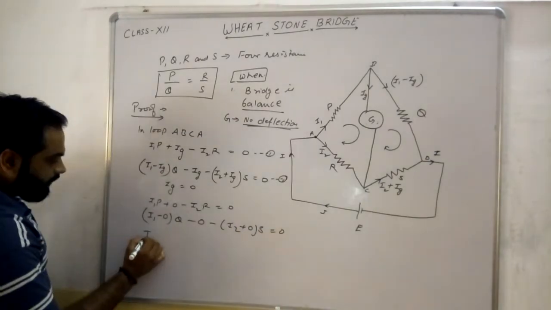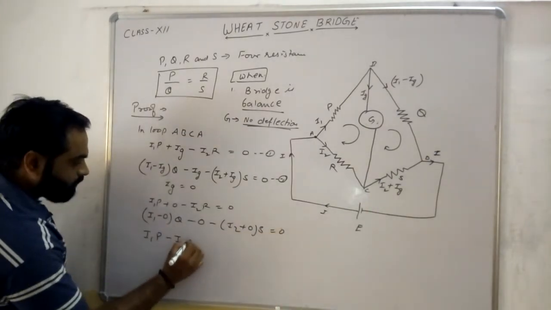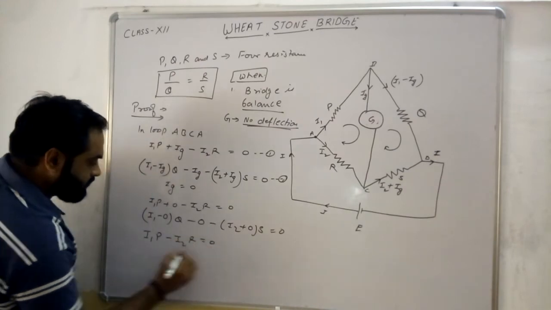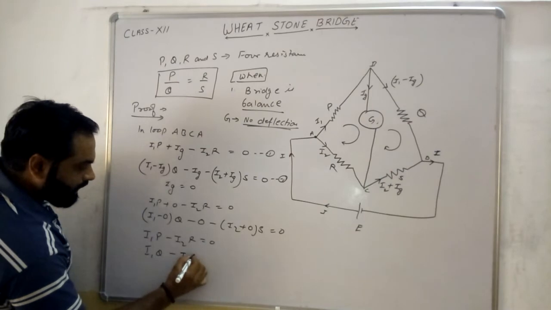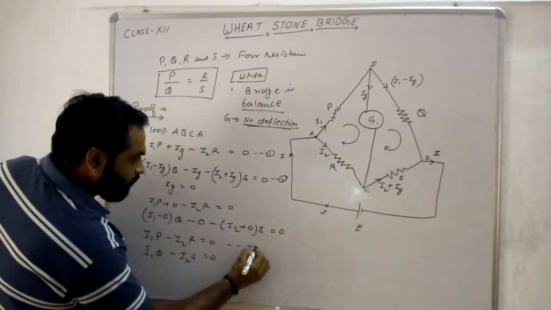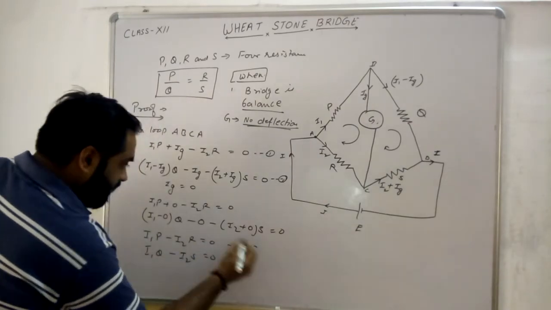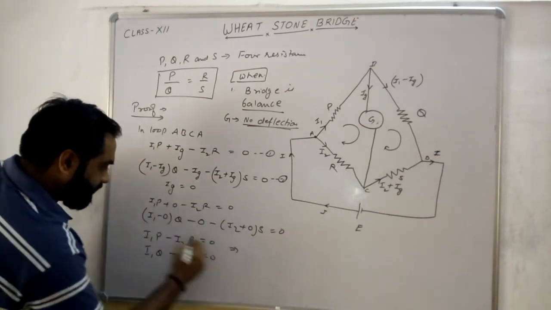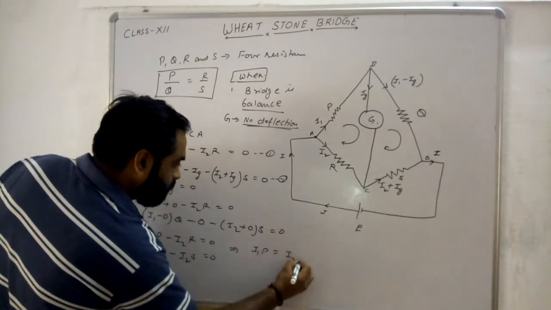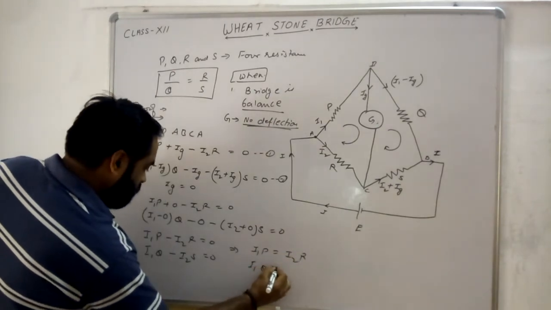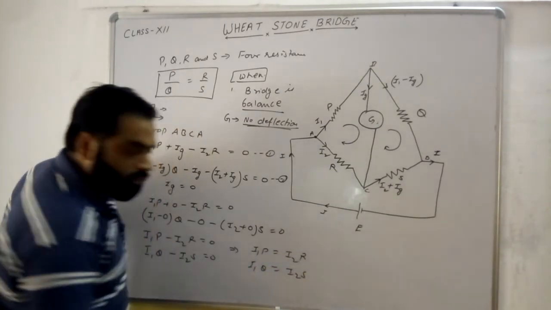So overall I1P minus I2R is equal to 0 and I1Q minus I2S is equal to 0. Okay. So next this implies, taking this value as right hand side, I1P is equal to I2R and I1Q is equal to I2S.